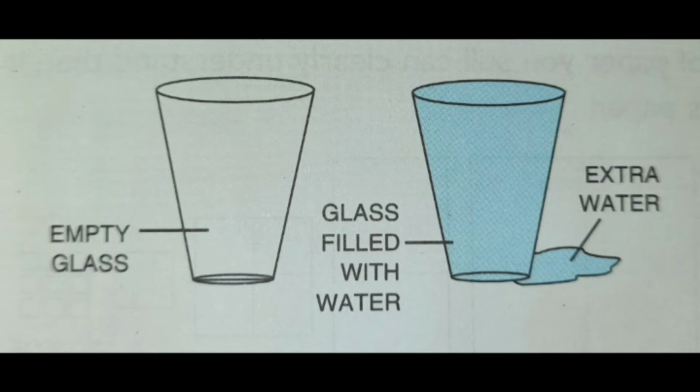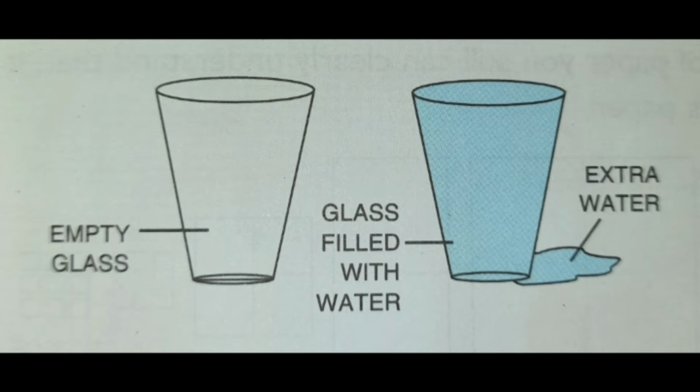Now we are going to learn about a new thing that will prove that water has mass. For this activity we have to take a glass tumbler, and then we can prove that this is the nature of water and that water actually has mass.